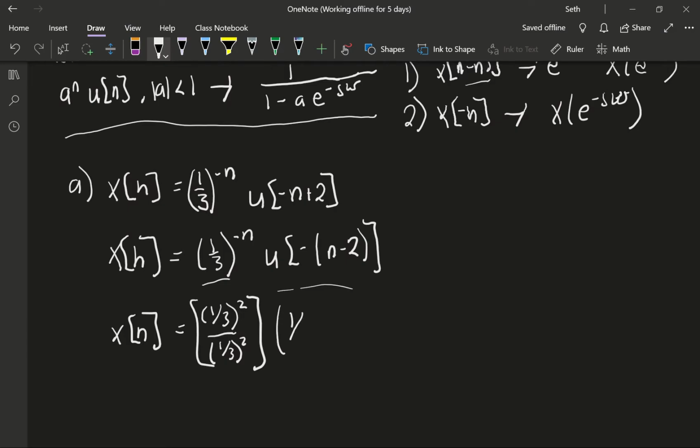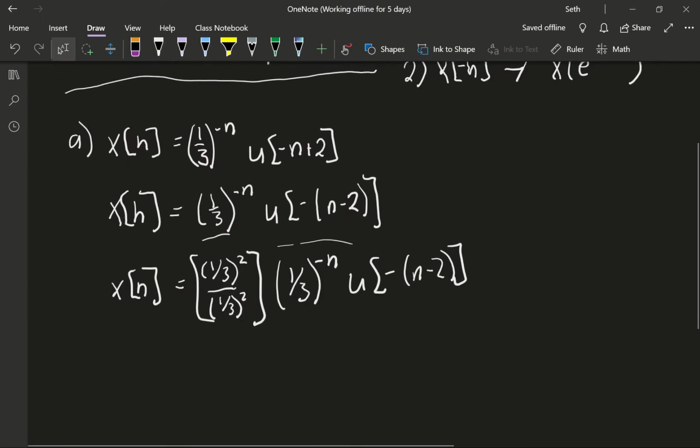So (1/3)^(-n) times u of (-n - 2). So that will give us (1/3)^2 in the denominator, which is 1/9.